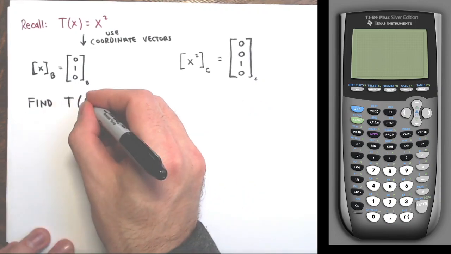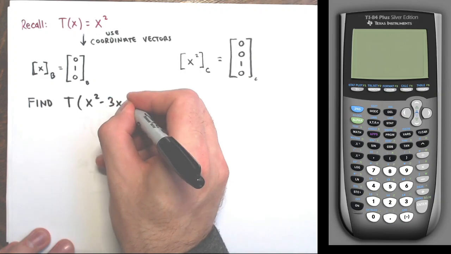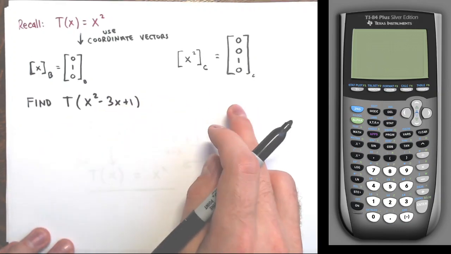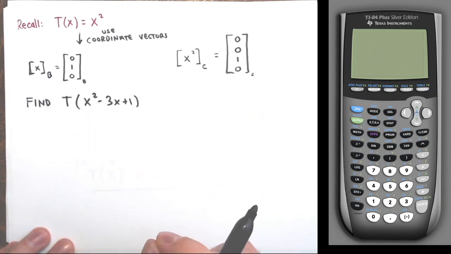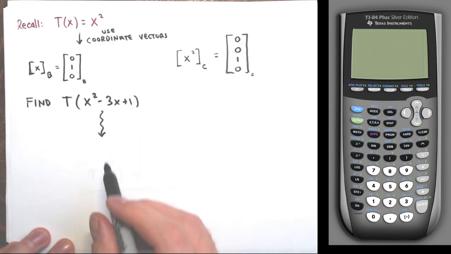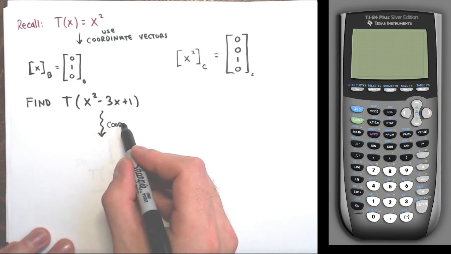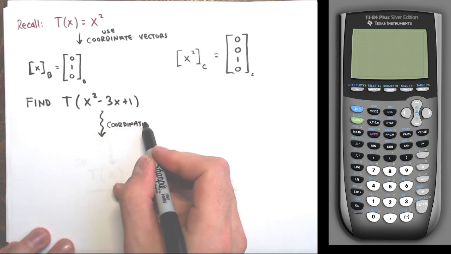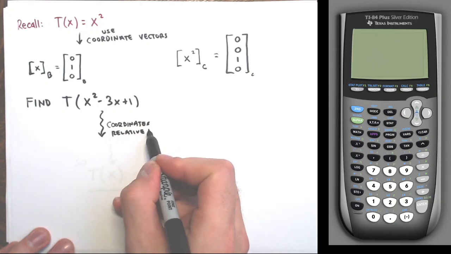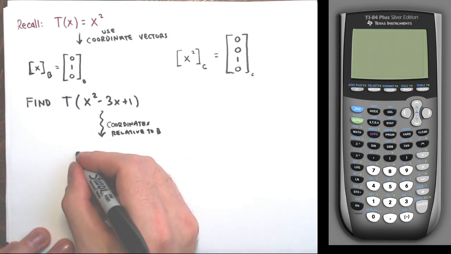Now again, I know it's going to be x cubed minus 3x squared plus x because you're simply multiplying the polynomial by x. But let's use the coordinates. So I change it to its coordinates relative to basis B.